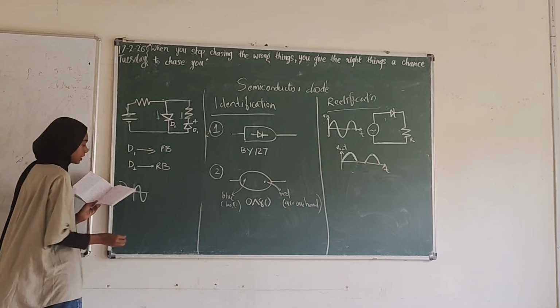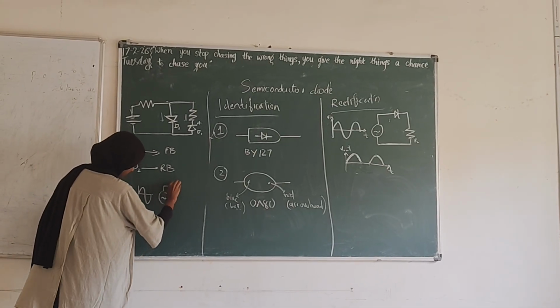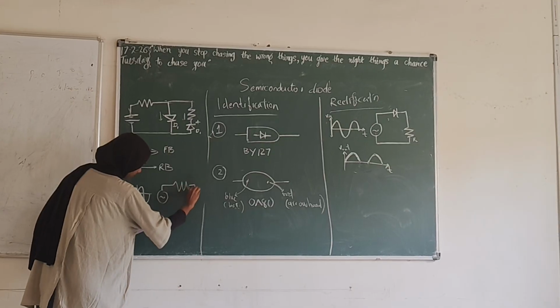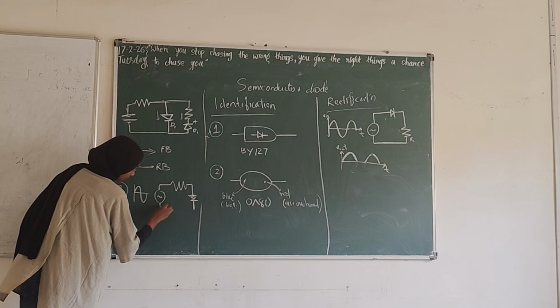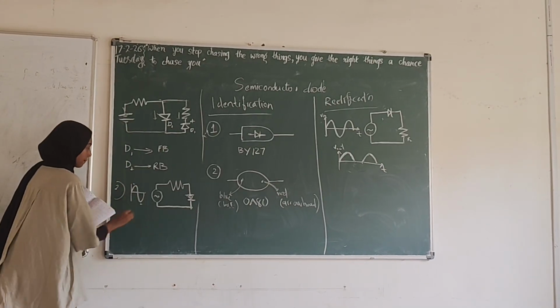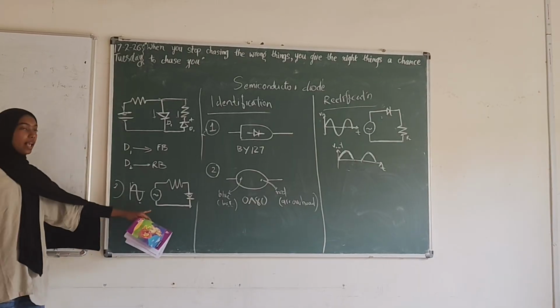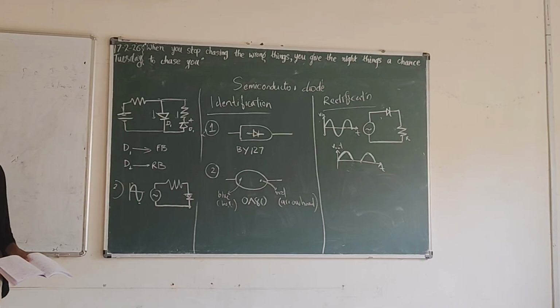This is the voltage input we are giving. In this, we have 2 cycles, positive half cycle and negative half cycle.